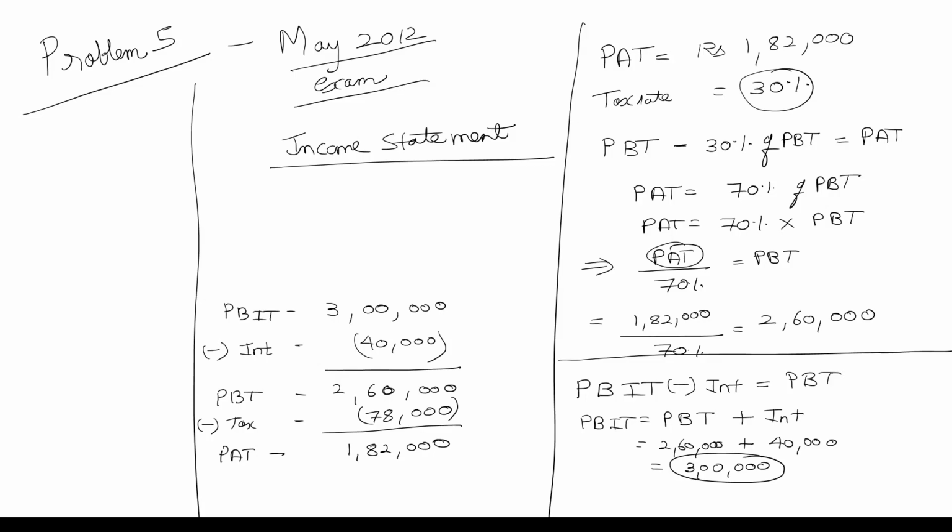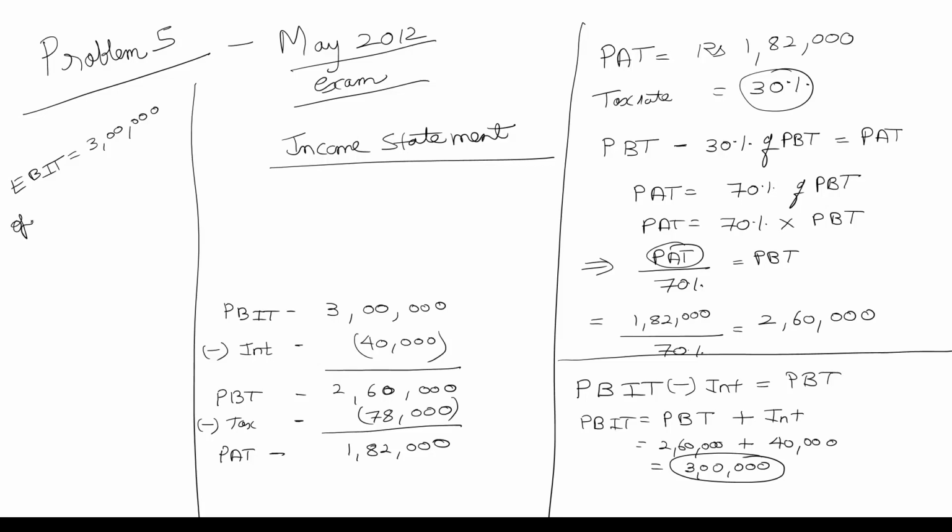Now, let me look into the next table where I have a ratio called operating expenses to EBIT, 1.5 times. So my EBIT, which is basically my PBIT, is 3 lakhs, and the ratio of operating expenses to EBIT is 1.5 times.